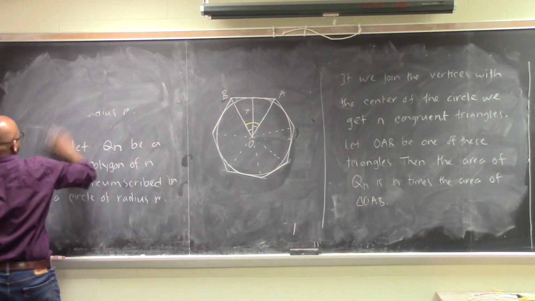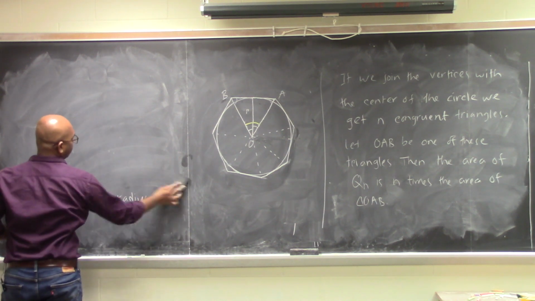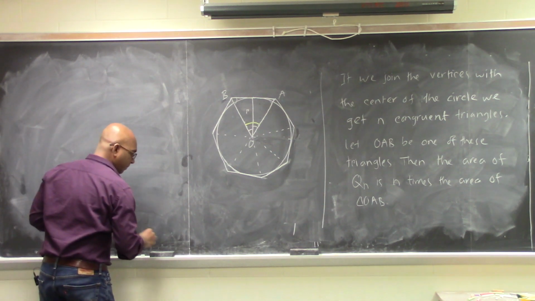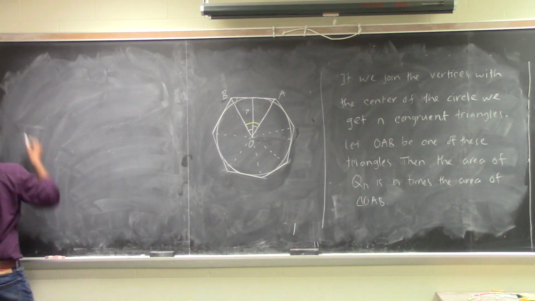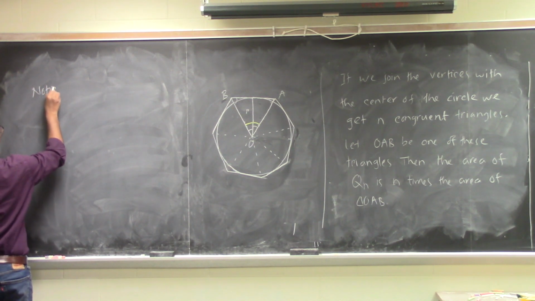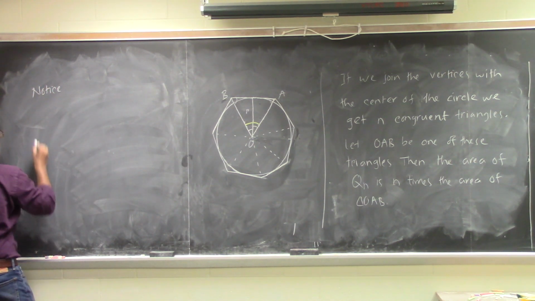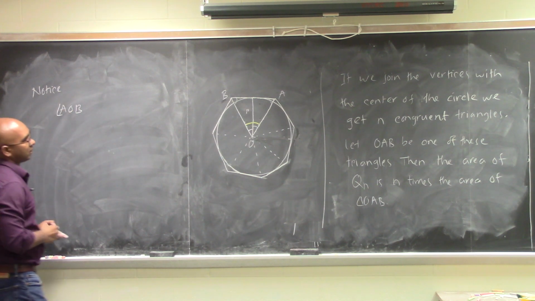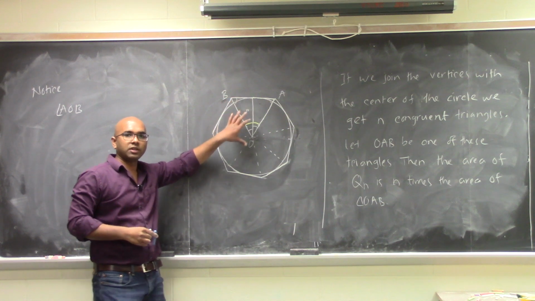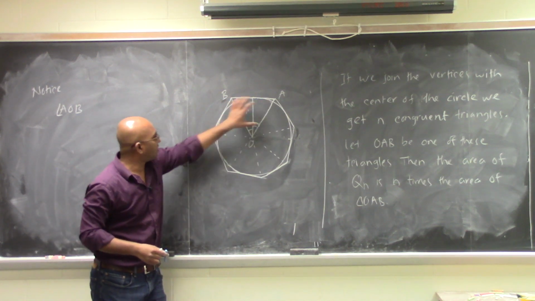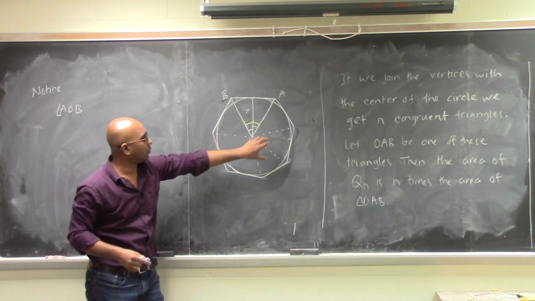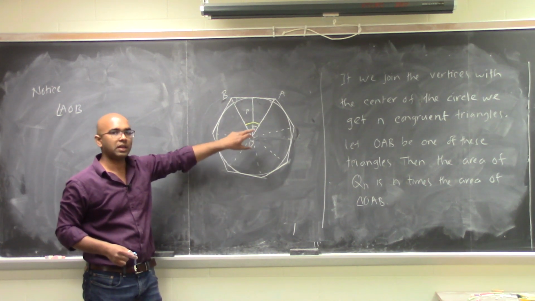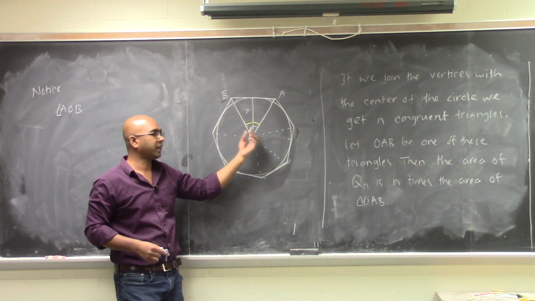Notice this angle AOB, once again, since this is a regular polygon, all these triangles will be congruent, and so these angles will be the same, and n of these angles will make 2 pi, right?